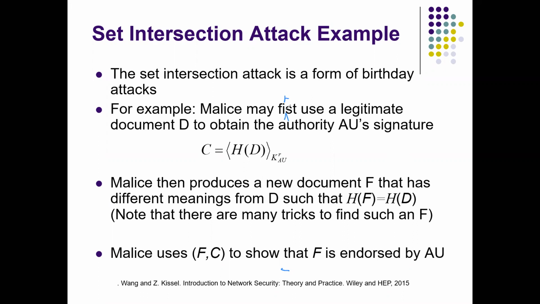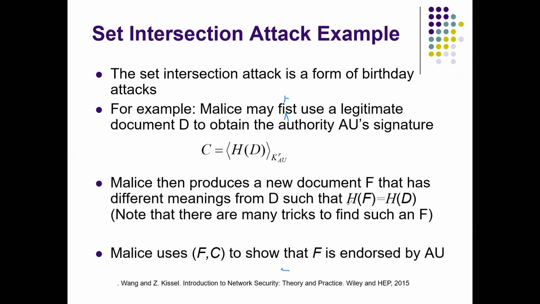So I present a document, and I would like to get it signed. Suppose by protocol, if you present a legitimate document, then the authority would need to sign it. And then Malice produces a new document F that has different meaning from D.